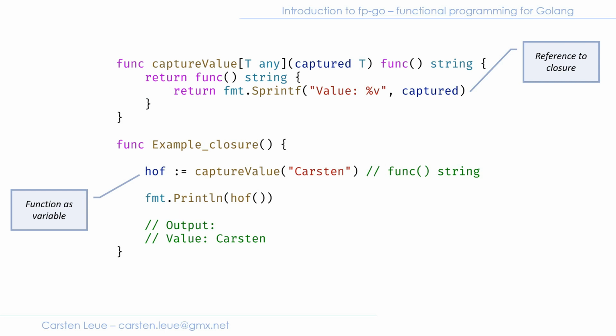And just for the fun of it, I have created a function which takes a captured parameter, and it returns another function. You can see this: the return value is a function without parameters returning a string. You can also see that the implementation returns an instance of that function. And in the implementation of it, it references the captured value.